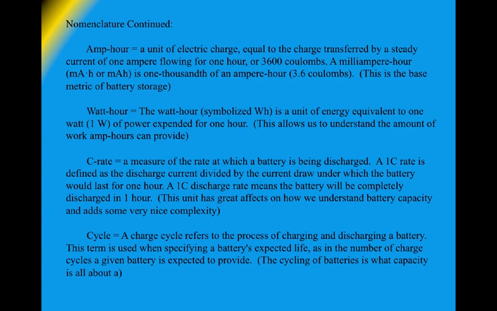That's 1 amp hour, which is also equal to 3,600 coulombs. A milliamp hour is 1/1000th of an ampere hour, and we will see that this is our basic metric for battery storage from manufacturers. Milliamp hours are used with small portable batteries, and amp hours are used with larger batteries.